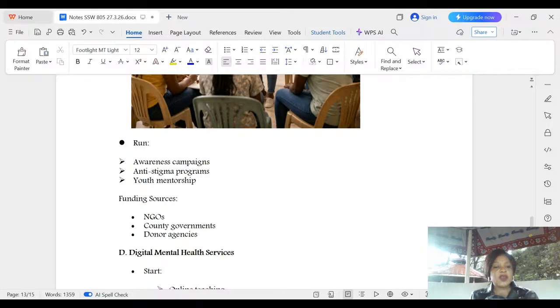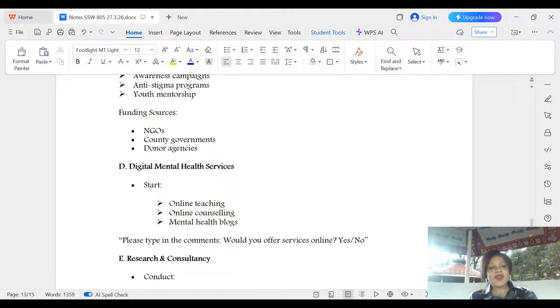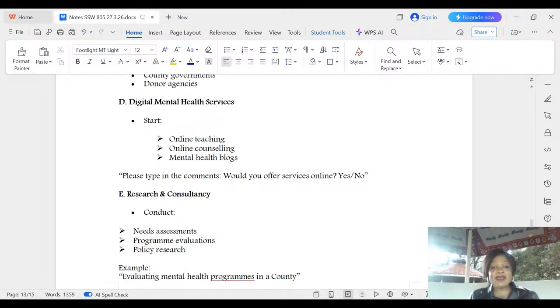You can get funding because now this will be community based, housed by community, let's say CBOs or NGOs or youth projects. You can get funding from NGOs, and in your proposal you will include your fees, from county governments, from donor agencies.